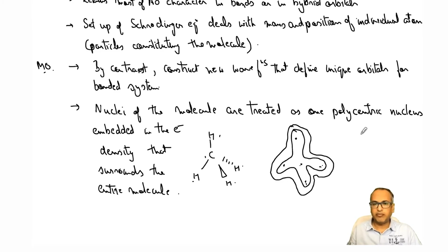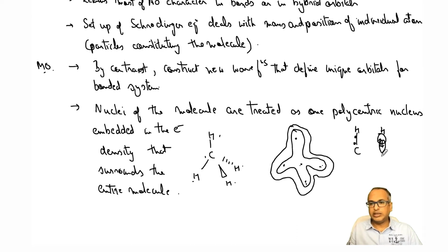In valence bond, we had considered that in a CH bond, there are two electrons, one shared from here, one shared from here, and then there is a bonding orbital which overlaps like this, right? And in this wave function, there are two electrons which are staying, right?